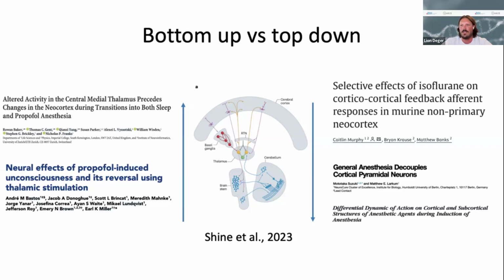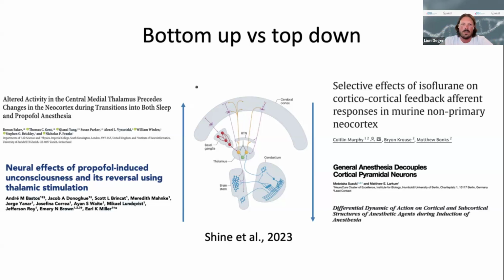There are two prominent fields. Actually, there are more, but you can roughly separate it into bottom-up versus top-down theories. The bottom-up view is that anesthetics suppress the non-specific thalamic nuclei, and those are downregulated. So the cortex, or the cortical interactions, are then as a consequence also downregulated.